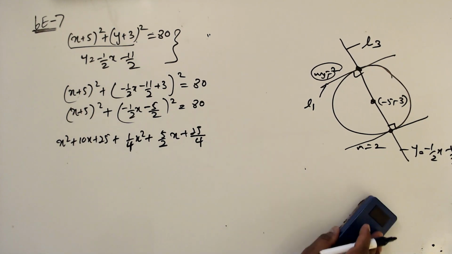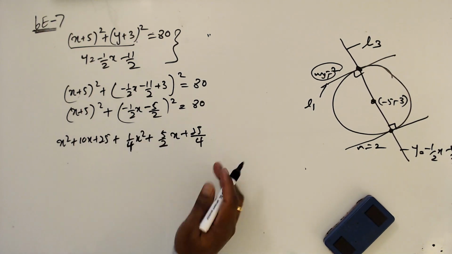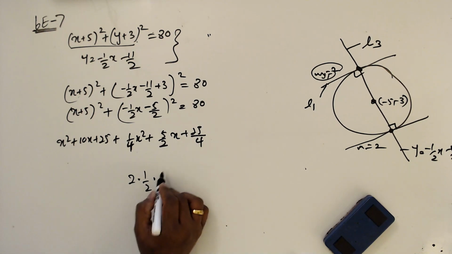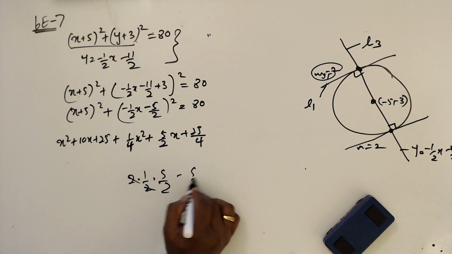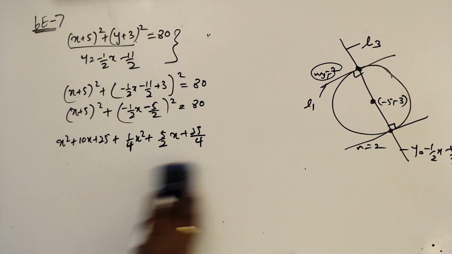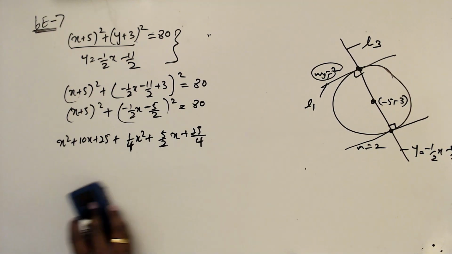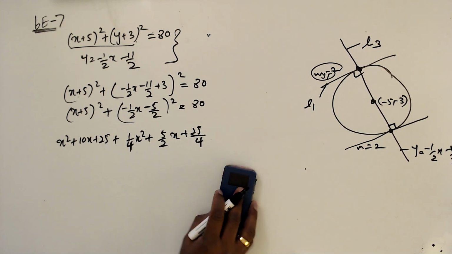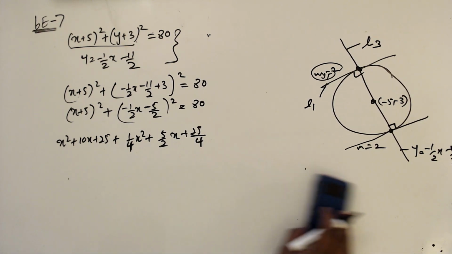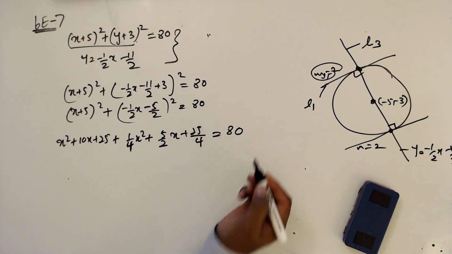When you look at it, you will be able to simplify this kind of equation. 1 over 4 x squared, then 2 times 1 over 2 times 5 over 2, the 2s cancel out, 5 over 2, minus minus plus. So everything should work in your brain accurately. For me, I have years of experience. You have to work this kind of sum at least around 20 or 30 times to get a good grip on it. And 80.